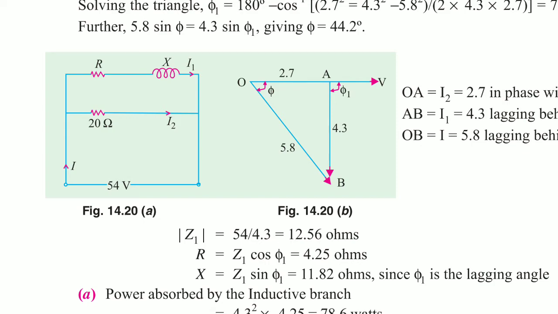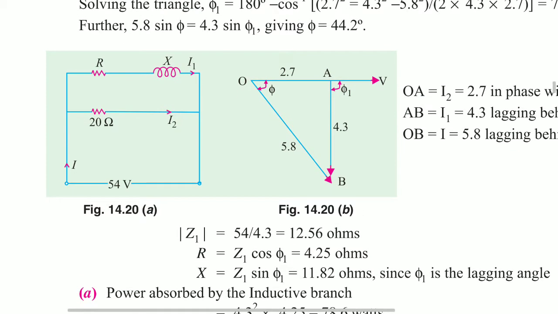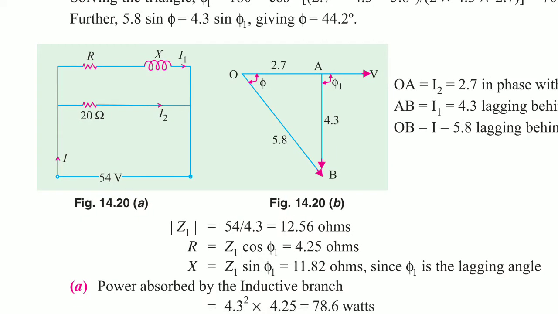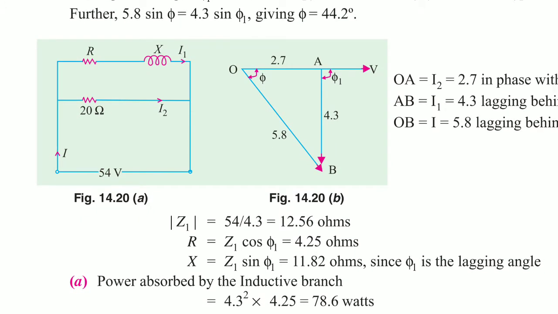Here we are determining the Z1 magnitude, which is equal to voltage divided by current: 54 by 4.3. 54 is the applied voltage, 4.3 is the current in branch 1, that is 12.56 ohms.